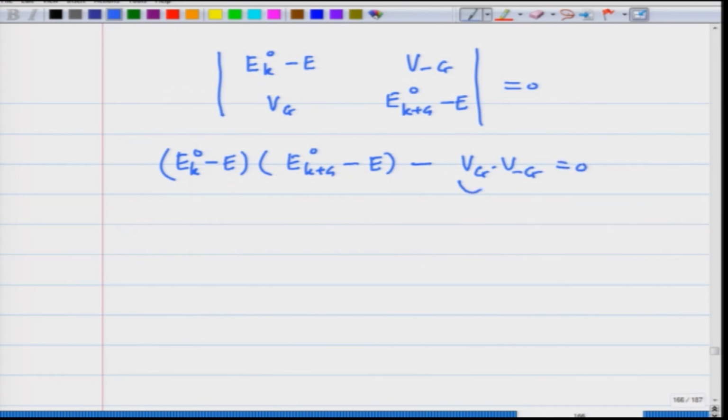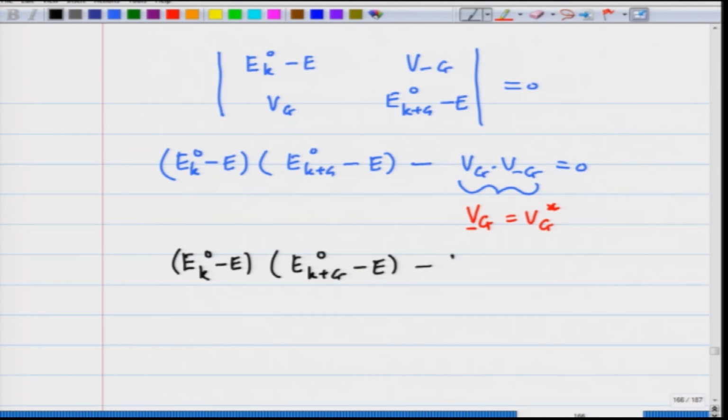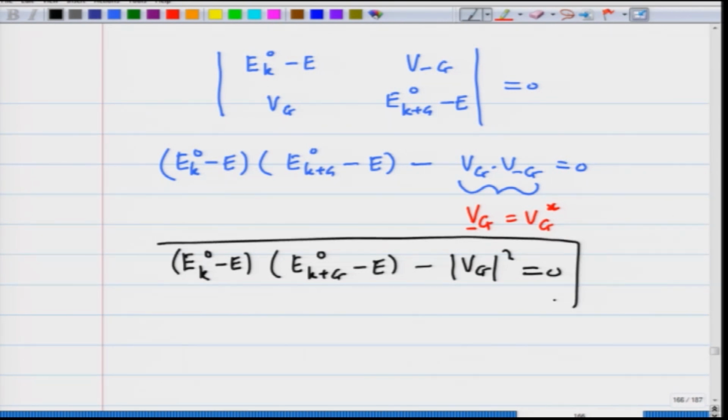Recall from earlier, because of the reality of V x, we have V minus G equals V G star, and therefore, this equation becomes E k 0 minus E times E k plus G 0 minus E minus mod V G square is equal to 0. This is a quadratic in E, and therefore, it gives me 2 eigenvalues.